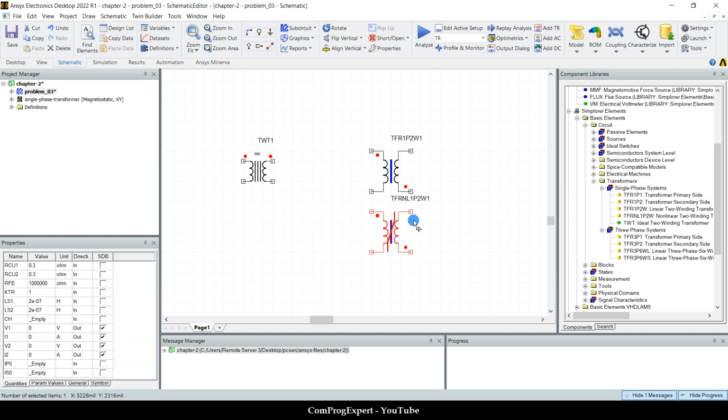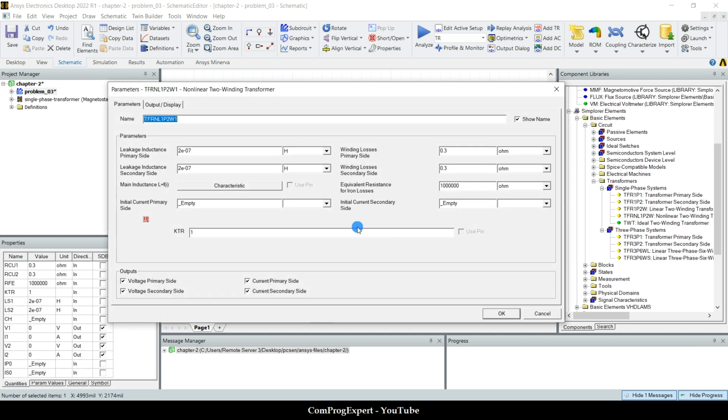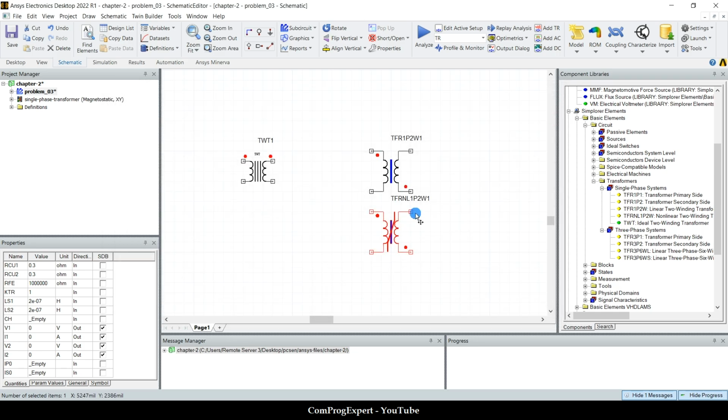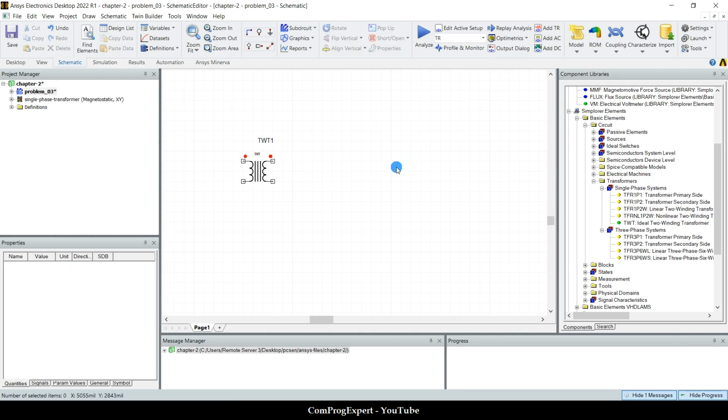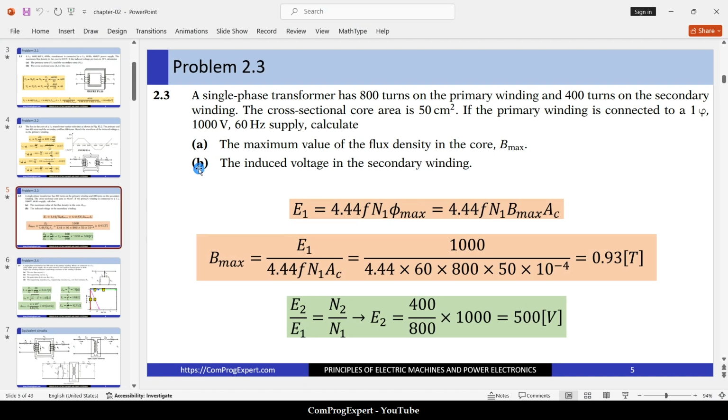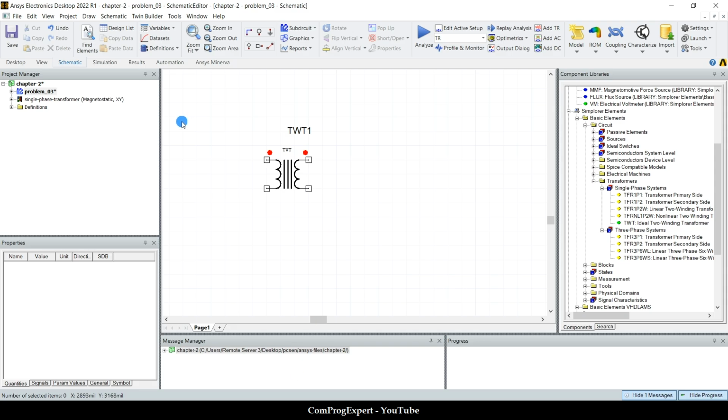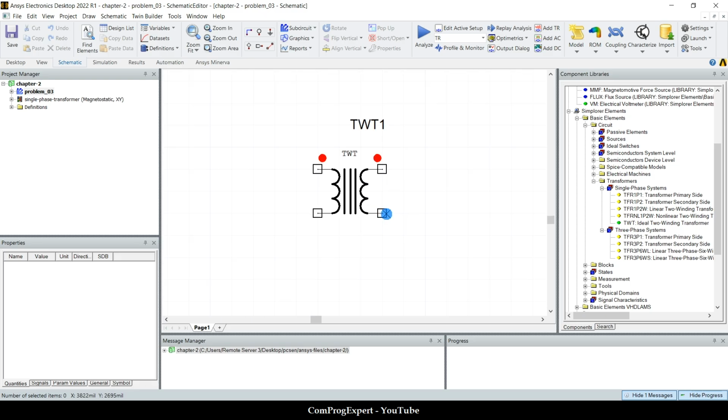This is a single phase transformer considering a core with a nonlinear permeability. So this is our case in this question, and I want to solve part B here using this model, and later we will generate more complex models.